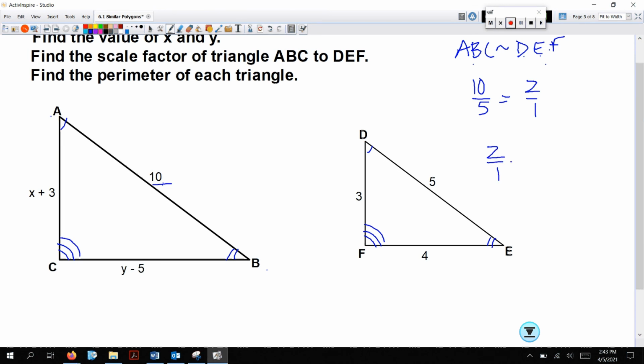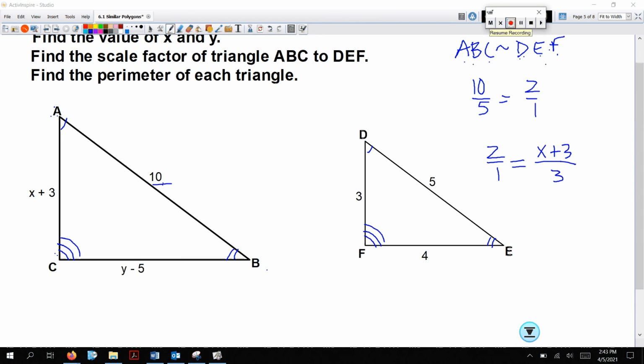So 2 over 1 is equal to, if I'm looking for AC, which is x plus 3, AC corresponds to DF, and DF is 3. Now I can just cross multiply.